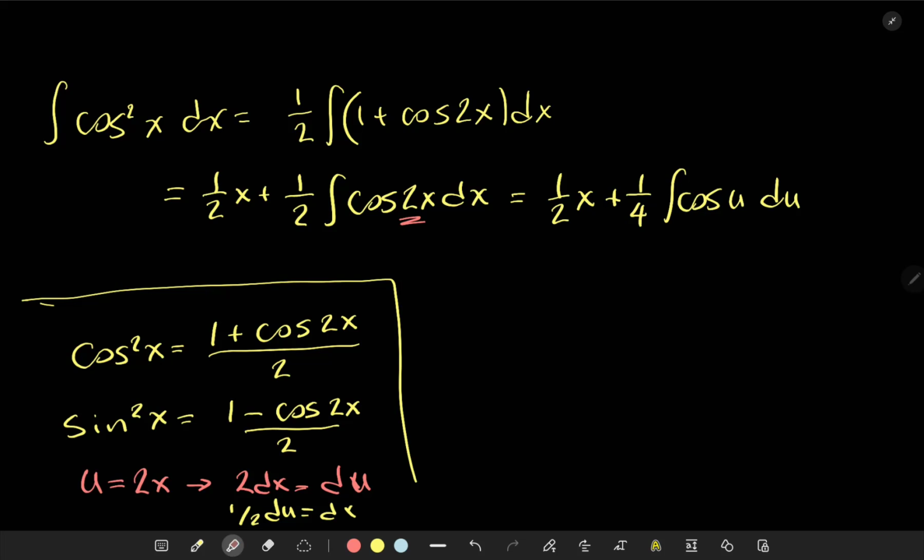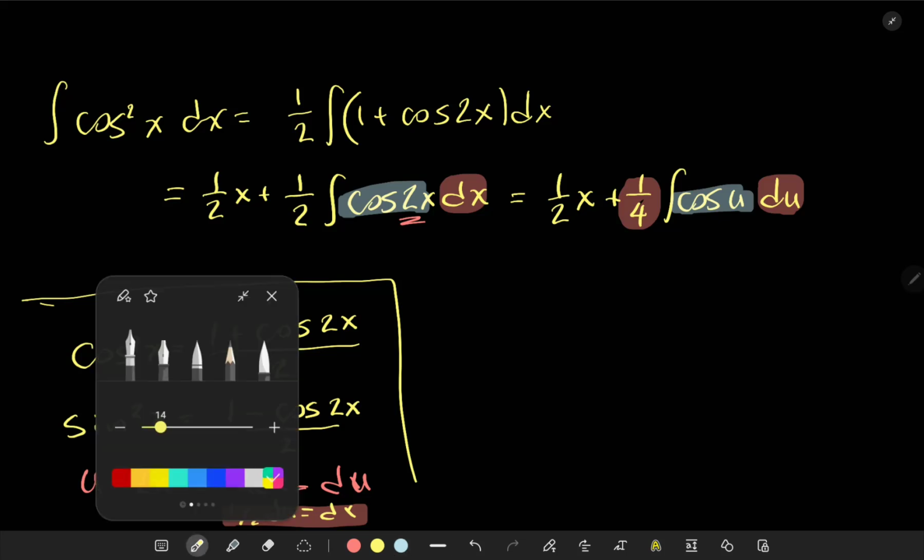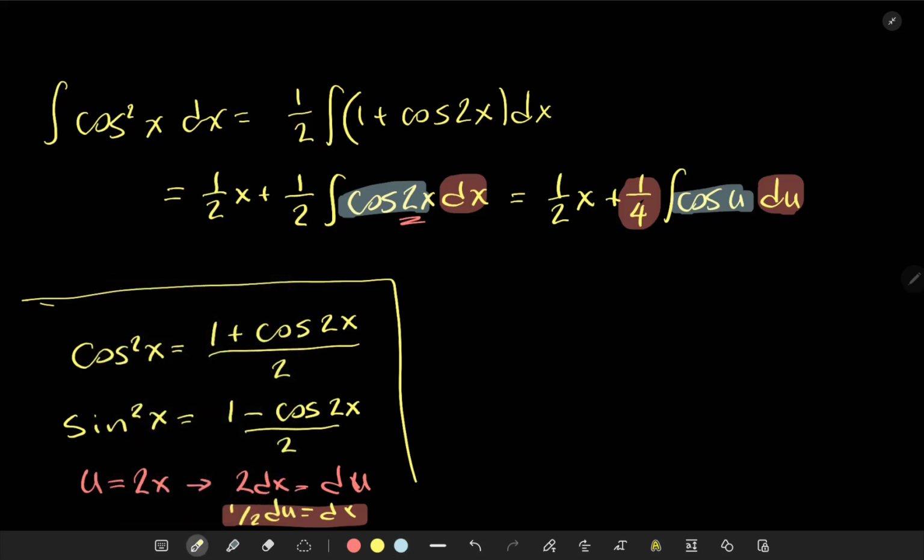And then this right here is what I'm plugging in for the 1/2 of du. The 1/2 times the 1/2, so the 1/2 is involved in here, and the du is going to be my dx. And then the cosine of 2x becomes the cosine of u. That was a bit accident-prone, wasn't it? Yeah, a little bit. Not enough to re-record it, I hope.